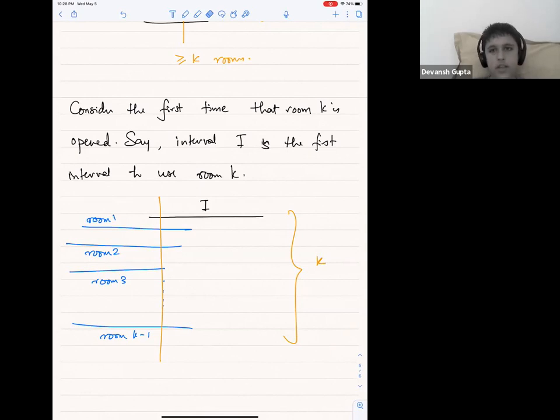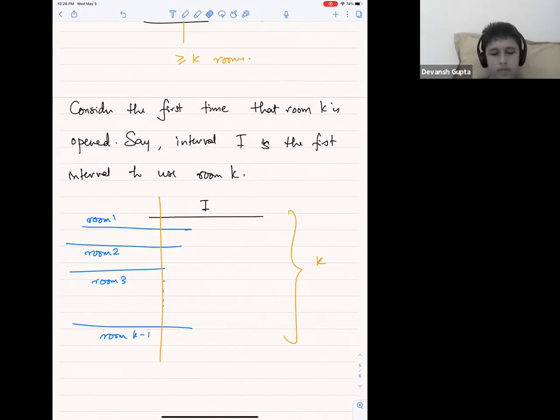However, let's say that we are using K rooms, and we have K minus 1 overlapping lines. So if I'm going to use K rooms, but I have K minus 1 overlapping lines, then we can clearly say that this is not the most efficient.